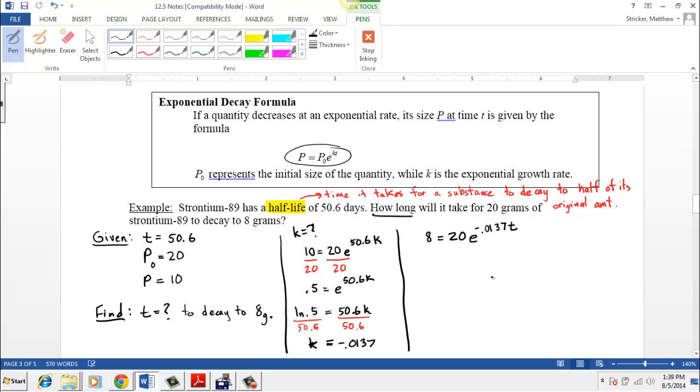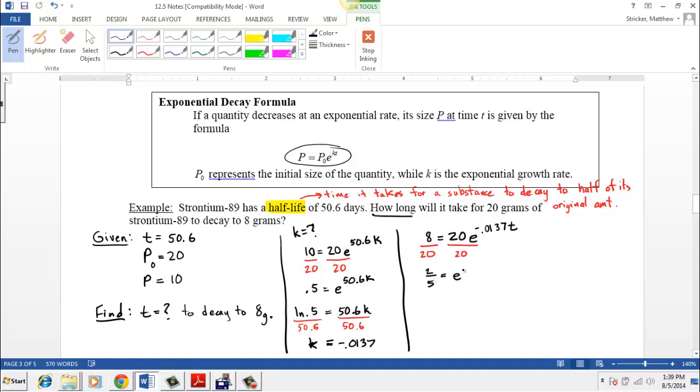We don't know time. So this is going to require us to go through that same problem we just went through before one more time. Divide by 20. We could get a decimal for this, but I'm going to just go ahead and leave it as 8 over 20. Well, we could reduce it since 4 goes into 8 twice and 4 goes into 20 five times. We could rewrite it as 2/5.